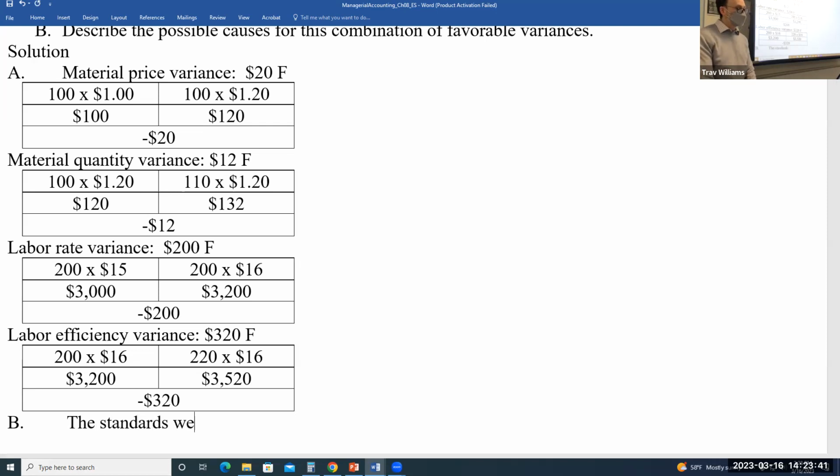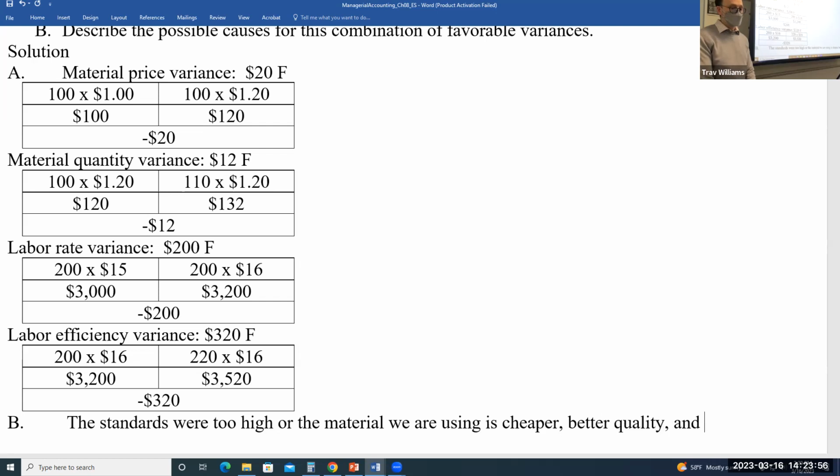The standards were too high, or the material we are using is cheaper, better quality, and less time consuming to use, allowing for a lower skilled worker.